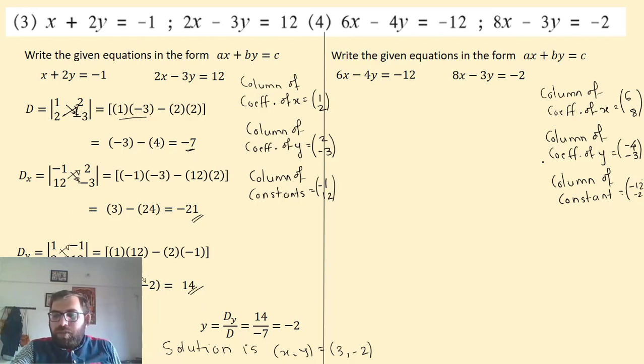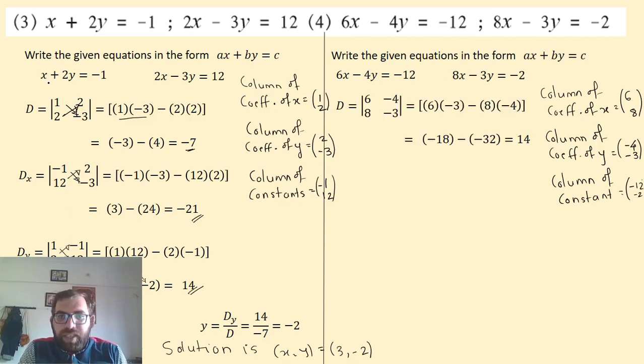Once you got 3 columns, our way of solving the example is clear. So we get D. D is the determinant of coefficients of x and coefficients of y. In the first column we write the coefficient of x, in the second column we write the coefficient of y. So our determinant is 6 8 minus 4 and minus 3.